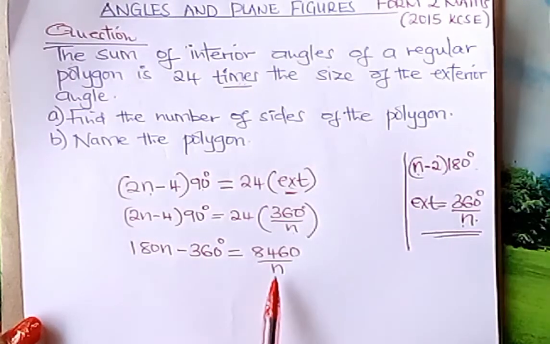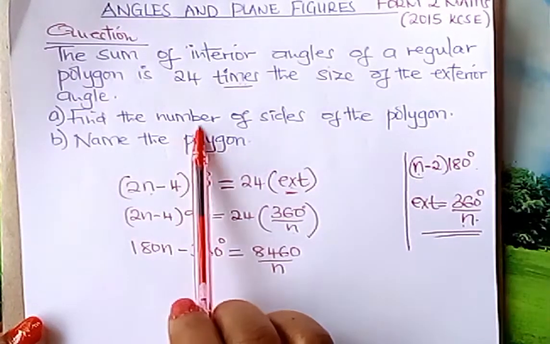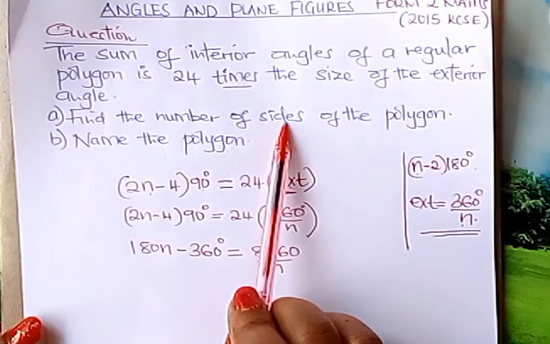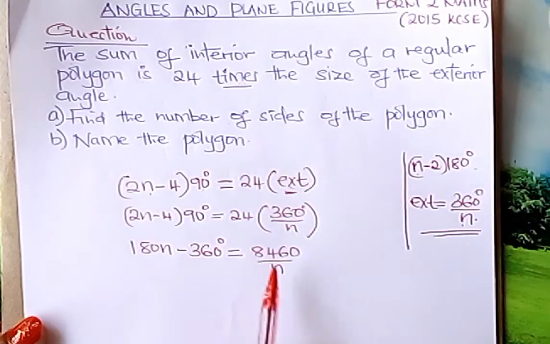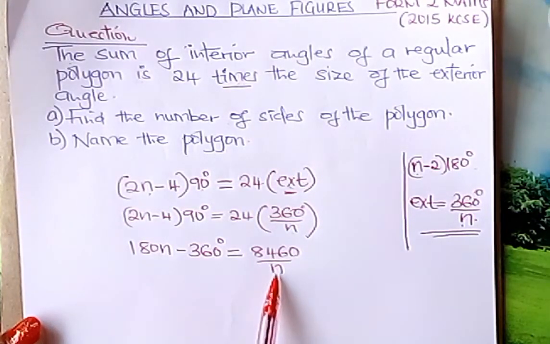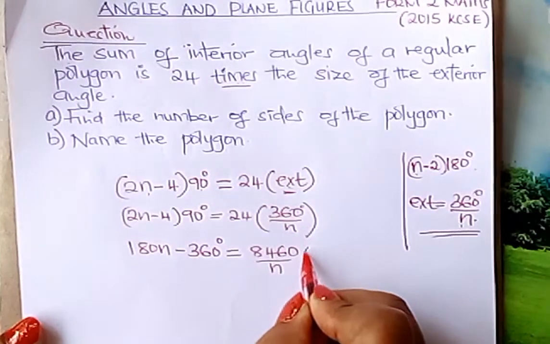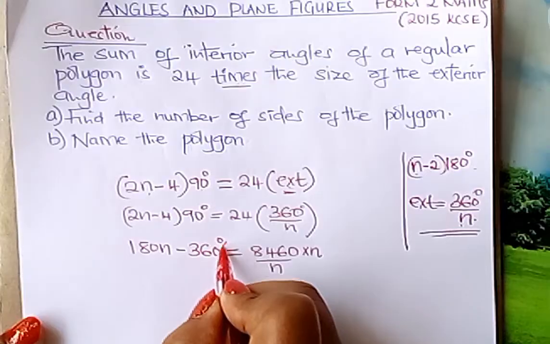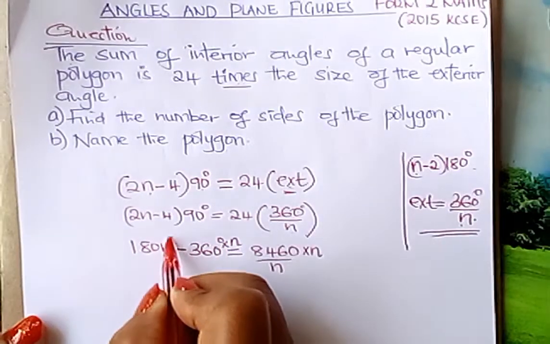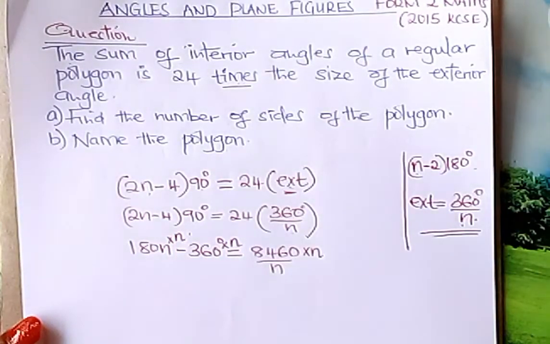Remember we want to get the number of sides, which is n. Remove the denominator by multiplying with n everywhere.